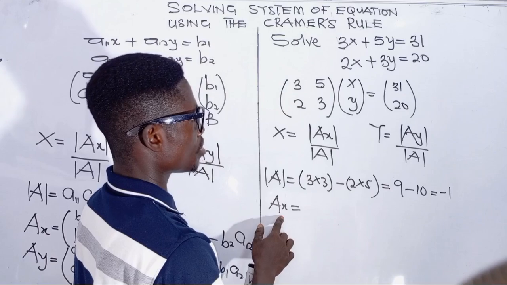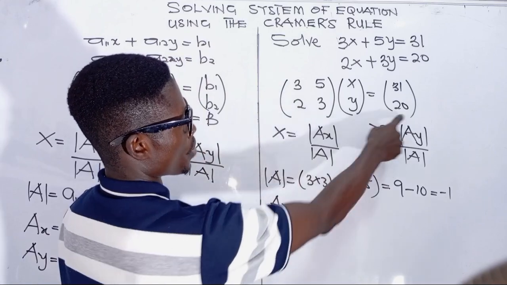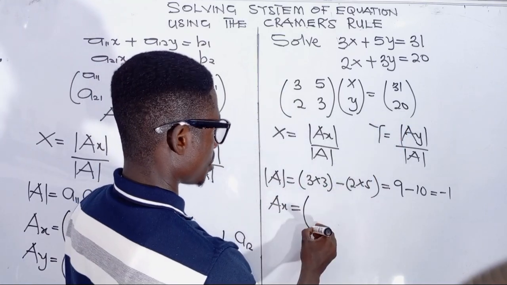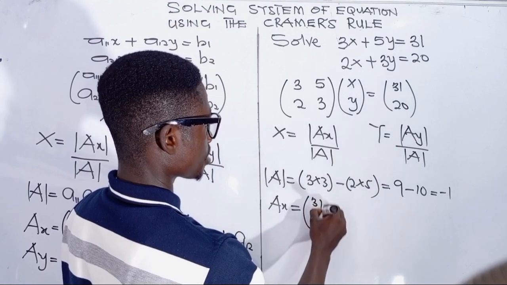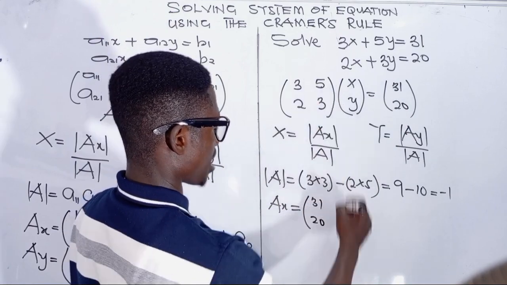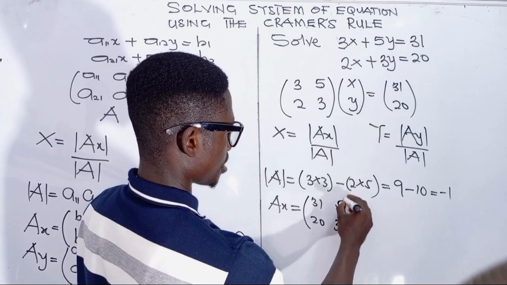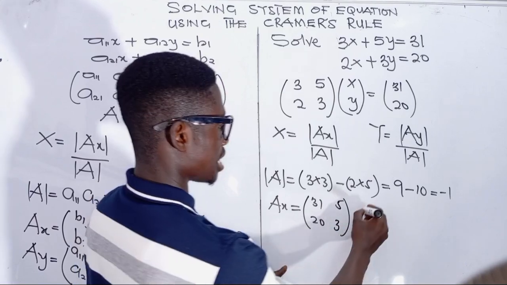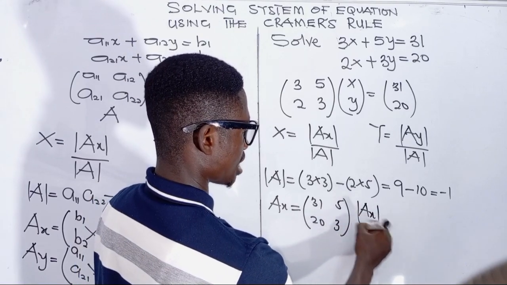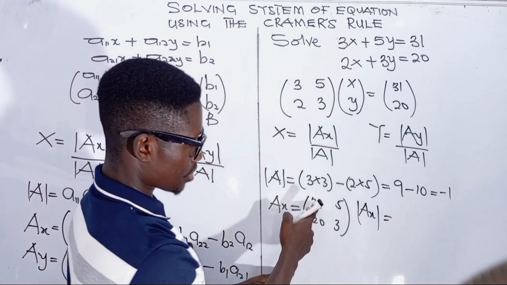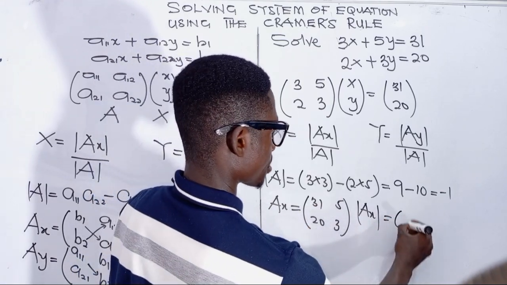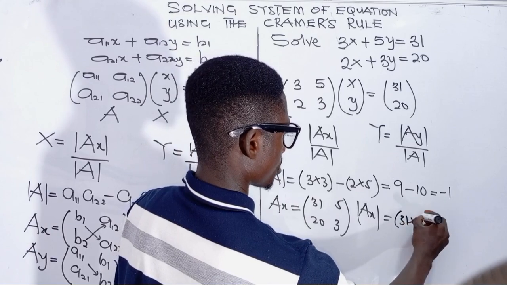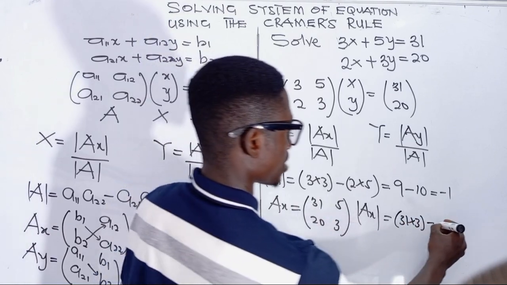Ax means we replace the first column with the constant matrix. So you have 31, 20, and then 5, 3. Once we have this, we find the determinant of that, and that gives us Ax. So we have 31 times 3 minus 20 times 5.